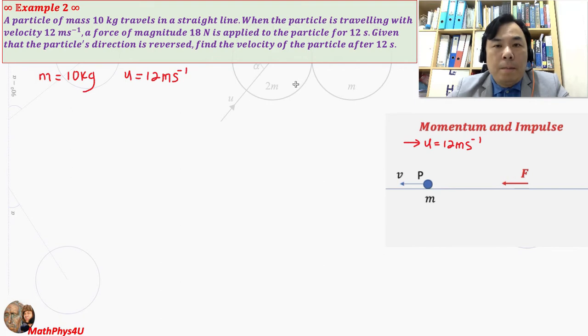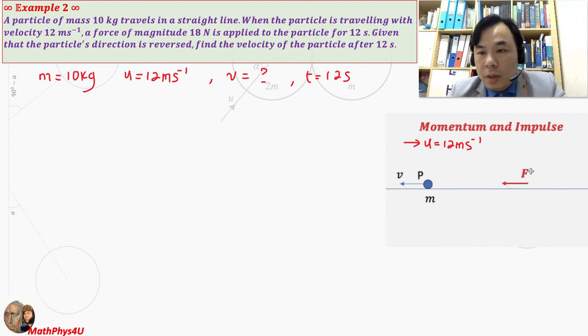And then its final velocity, we have no idea. The time given, yes, we do know that the force is applied for a short duration of 12 seconds. The force involved in this case is 18 Newton here.